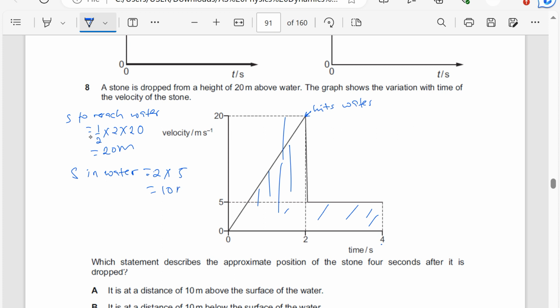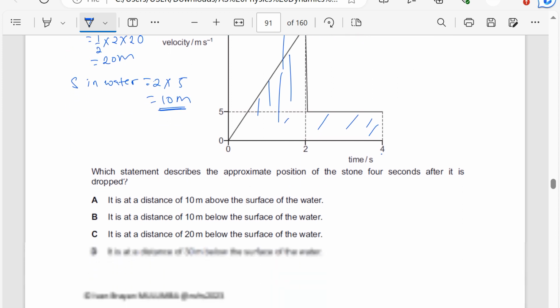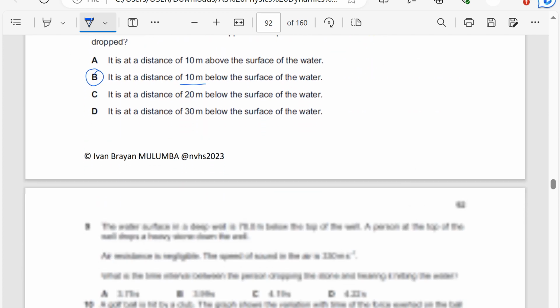So the distance in water is 10 meters. So it moves 10 meters in water, so it is 10 meters below the water. So the answer here is going to be B. It is at a distance of 10 meters below the surface of the water, because it hits the water after moving 20 meters, but when in water, the distance it moves is 10 meters, so it is 10 meters below the surface of water.